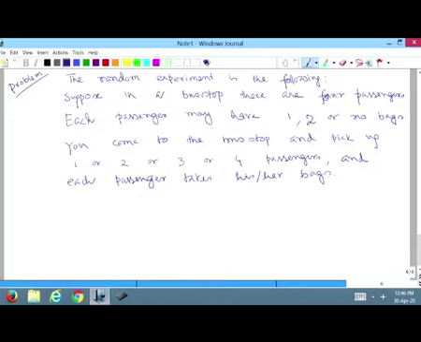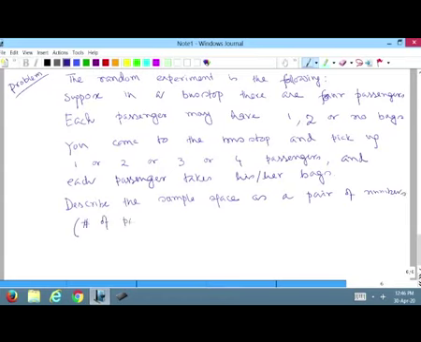Describe the sample space as a pair of numbers, number of passengers and number of bags.